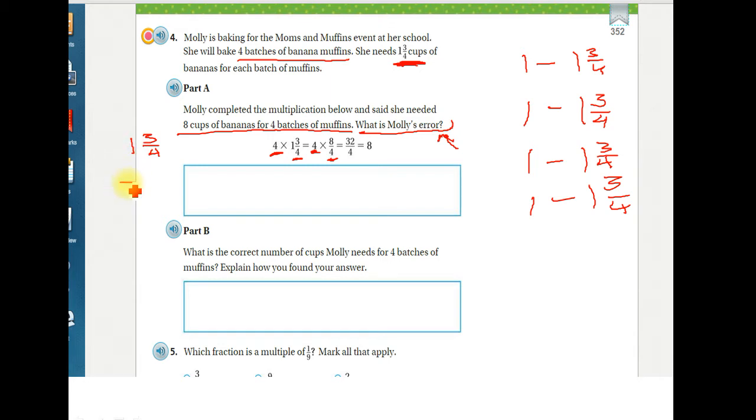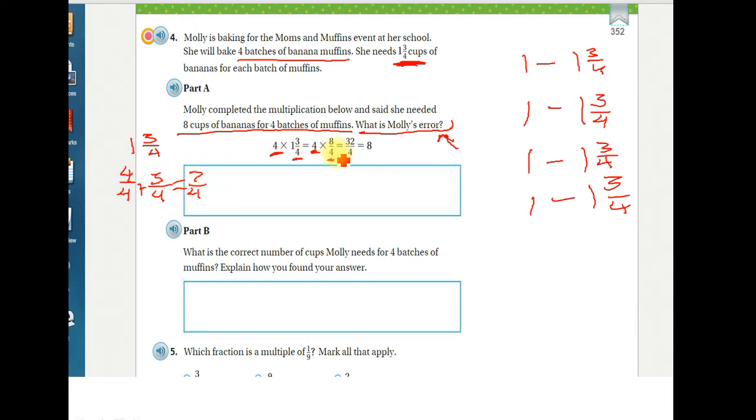Remember, 1 is the same thing as 4 over 4, right? Because anytime the numerator and the denominator are the same, it's equal to 1. And then plus you have the 3/4 part, which equals, denominator stays the same, 4 plus 3 is 7/4.